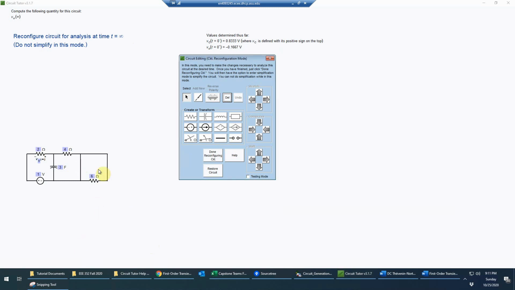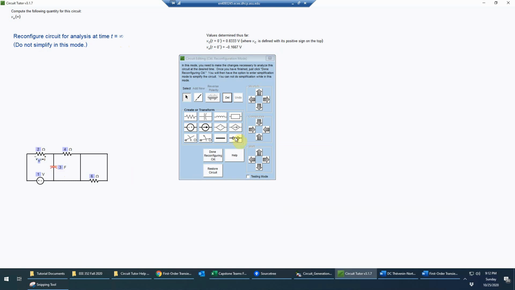And once again, this is going to be shorted, but I can't remove that until I go into a different mode in the circuit editor. Now, because I'm at infinity, I don't have the complexity that I had before. Now the capacitor is simply an open circuit because we are going to be in steady state at t equals infinity because now the transient has had time to die out. It takes time for a transient to die out. That's why they call it a transient.